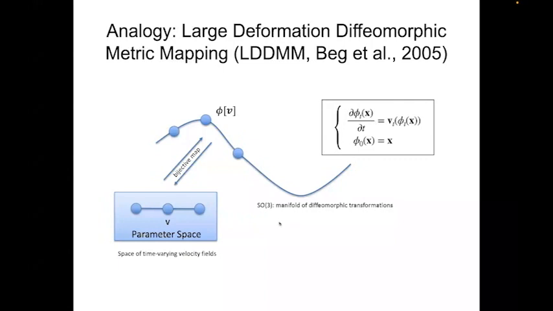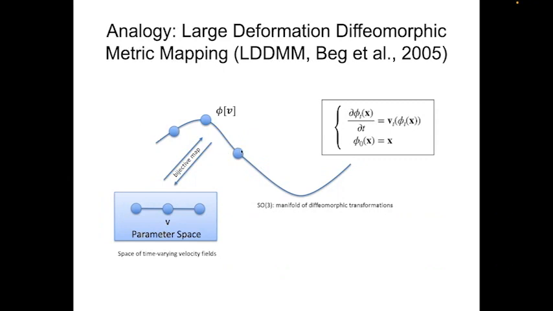So the first class of continuous M-rep approaches try to play with the same idea. Can we find some kind of a differential equation that will allow us to map from an unconstrained or less constrained parameter space into the space of medial models that satisfy these grad R constraints?